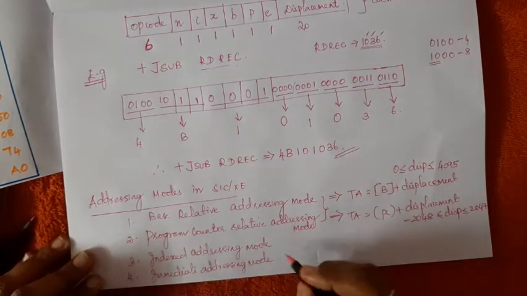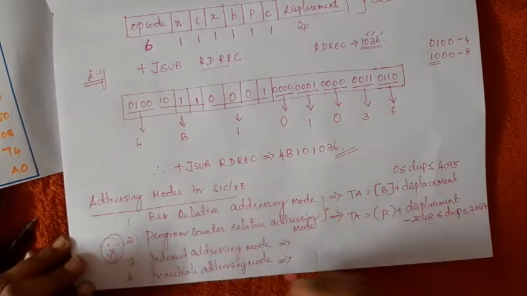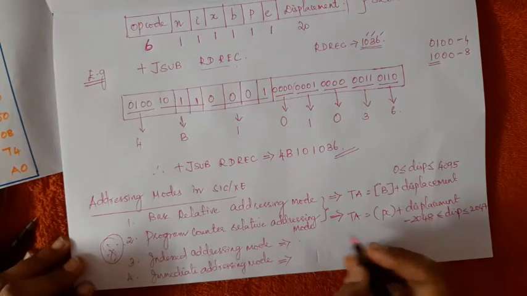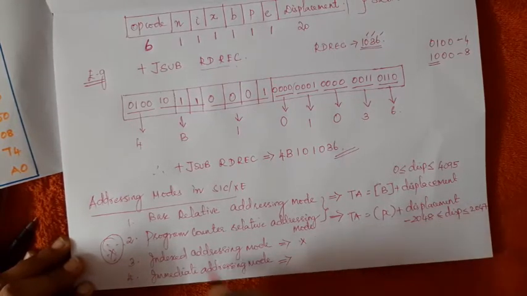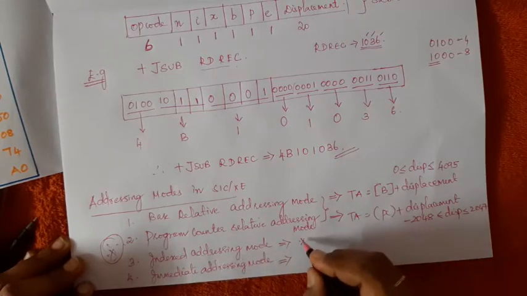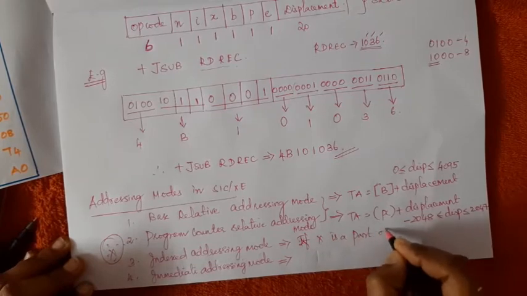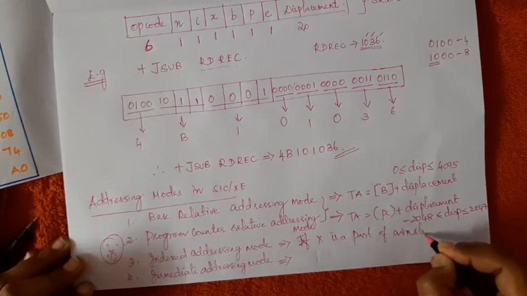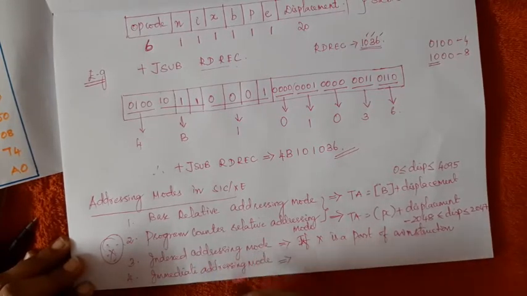Okay, now this has to be noted, very important. Okay, so if X is a part of an instruction, in an instruction if there is any X, it means that it is an indexed addressing mode. I'll write here, if X is a part of an instruction, which means it is an indexed addressing mode.